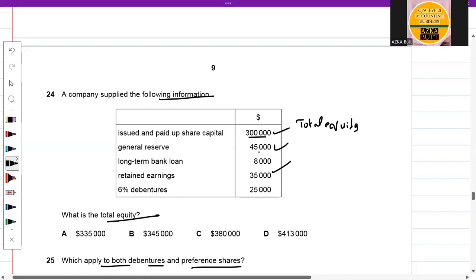So $30,000, $45,000, and $35,000, and it gives you the answer, which is 3,380,000. The C option is the right option.